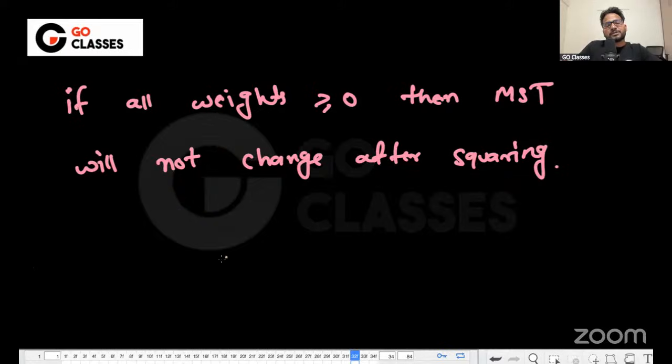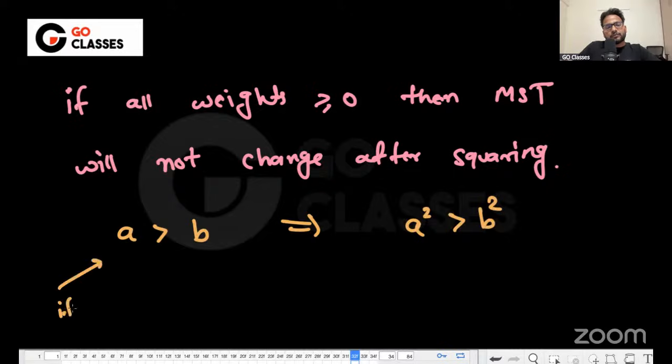Which means if some weight a was earlier greater than b, then even after squaring, a square is greater than b square, if a and b are both greater than or equal to 0. Then in that case squaring will preserve this property.